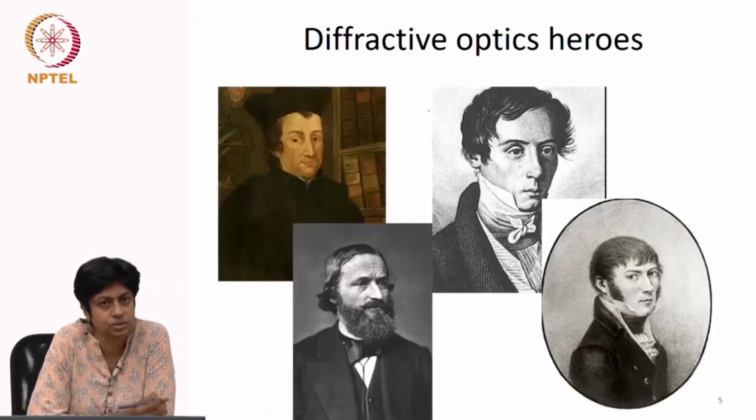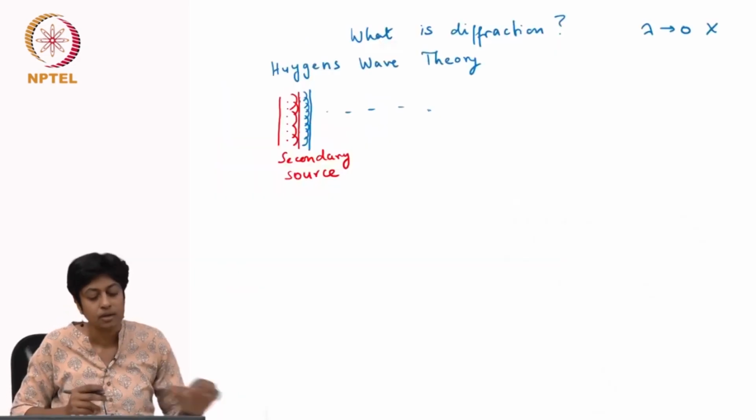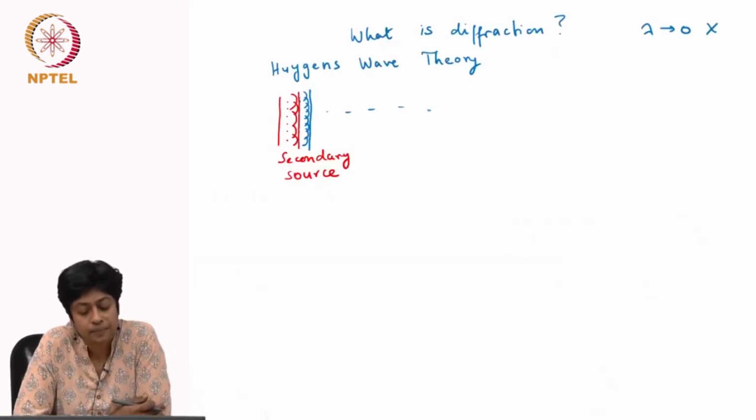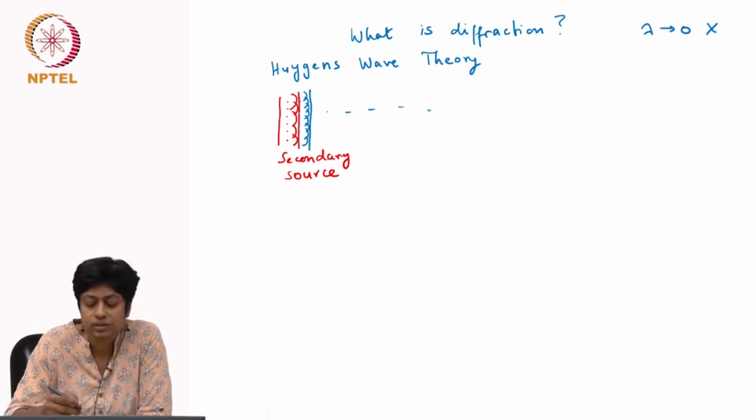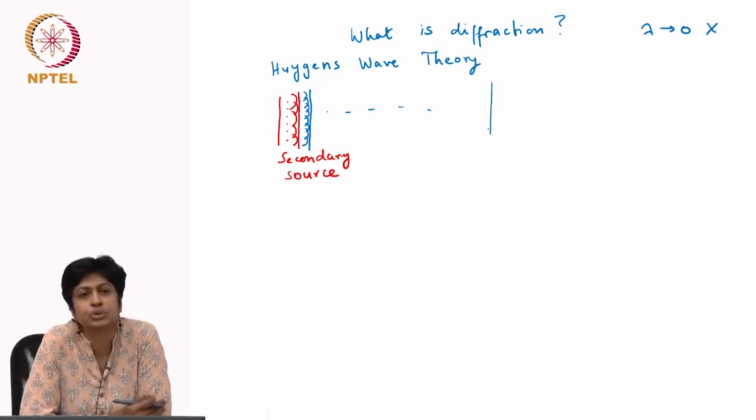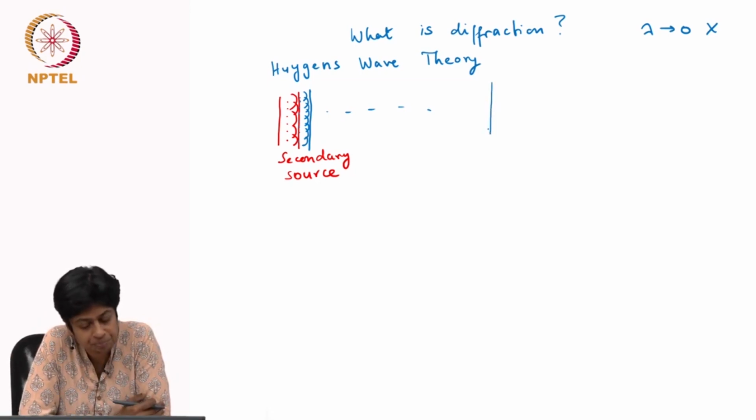And this continues. But in this ideal picture, if I started out with a plane wave, as the wave travels at any distance, it's going to look very much the same.